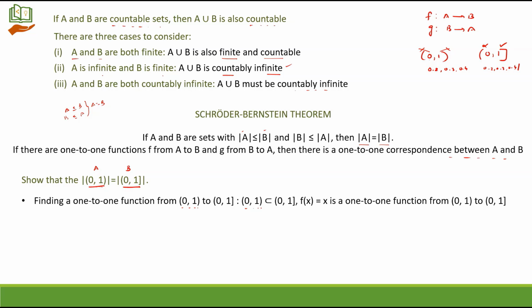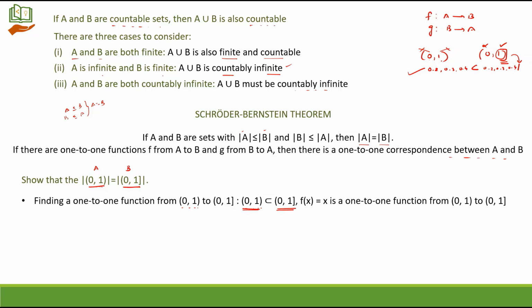Is this a proper subset? Yes, because in this particular interval you have 1 here. If you have 1, definitely that has to be present in the range, but that one is not present here. You can definitely say this particular range is a proper subset of this particular range.